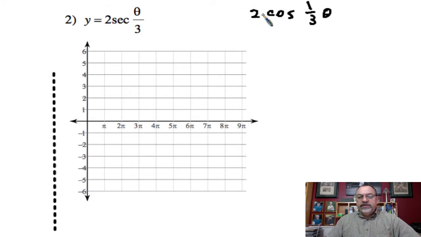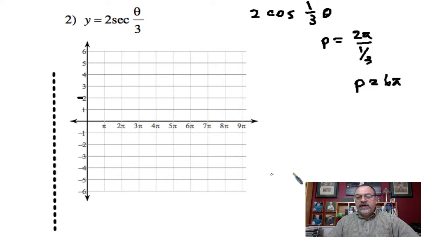So we have a vertical stretch of 2, so this is going to reach a height of 2 rather than the normal 1. This is a horizontal stretch of 3, and you remember we can determine the period by doing 2 pi divided by this value of b, which means I multiply by 3, and so I get a period of 6 pi. So this period is 6 pi.